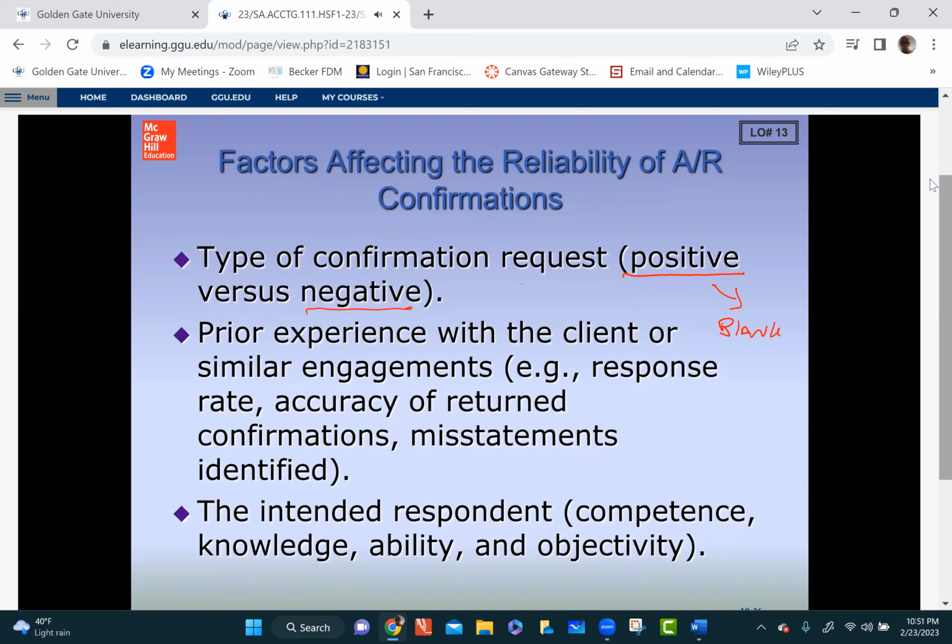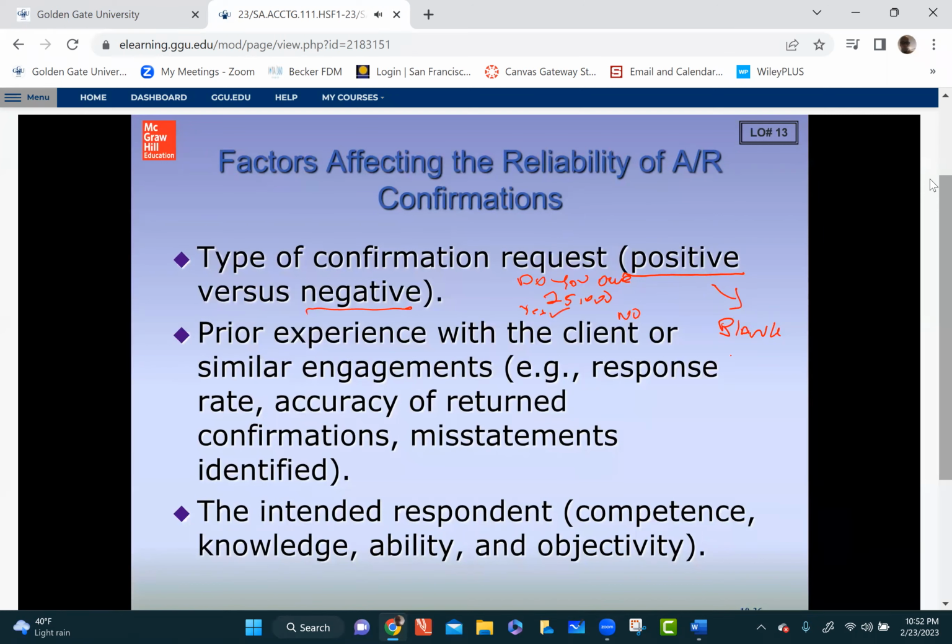Positive is to say, do you owe, and you tell them the amount, 25,000, and you literally let them say yes or no. Okay, and you might ask them if no, how much do you think you owe? But if they say, yeah, we owe 25,000, they'll check yes, you've got positive confirmation, you expect to hear from them, they did, they send that back to you, you see the yes check.